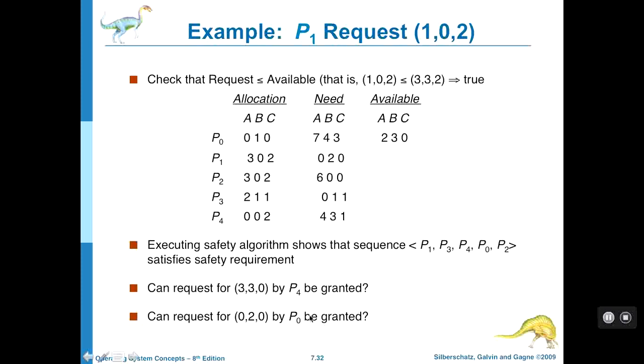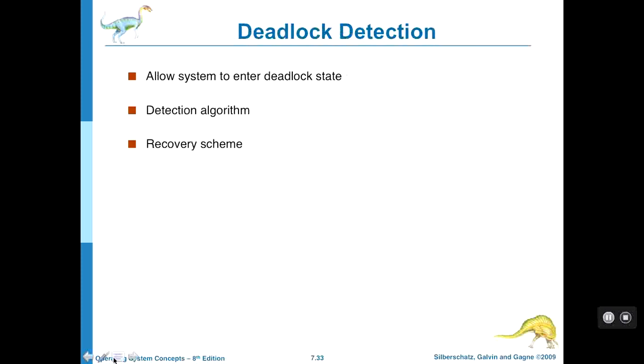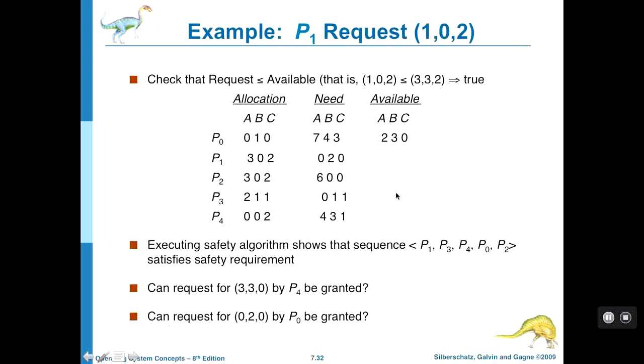However, if we wanted to look at this request by P0, 0, 2, 0, if we did that, we're going to take 2 here, and that's going to leave us with 2, 1, and 0.